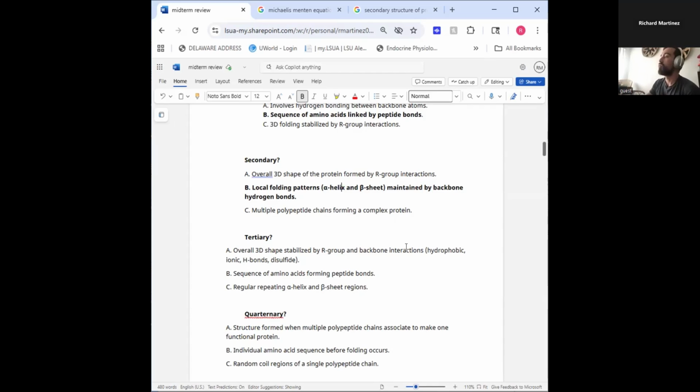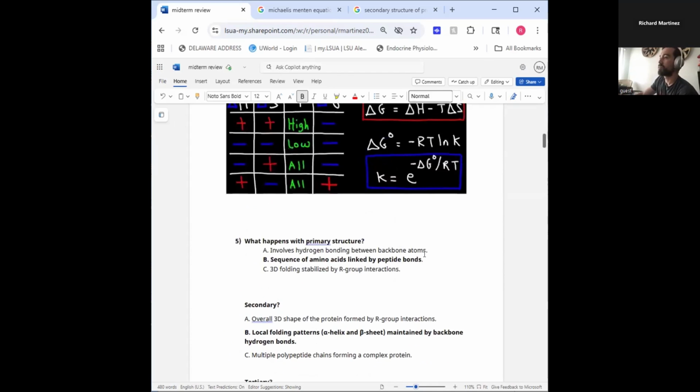Is the overall 3D shape stabilized by R group and backbone interactions? So this would be hydrophobic, ionic, H bonds, disulfides. I'm liking this answer. These are non-covalent interactions. Remember, we go up to here.